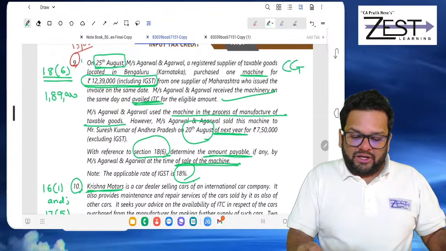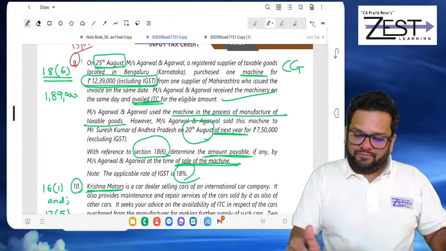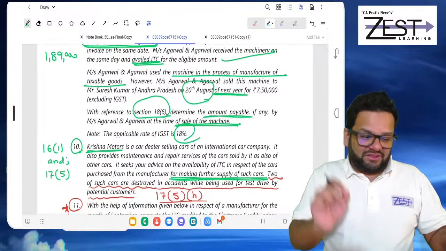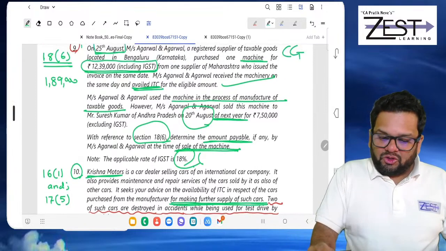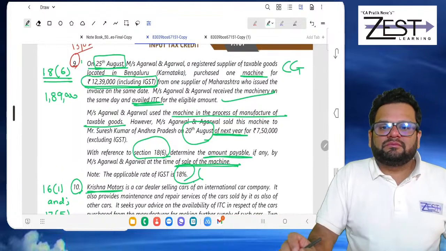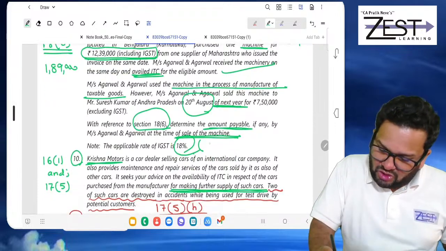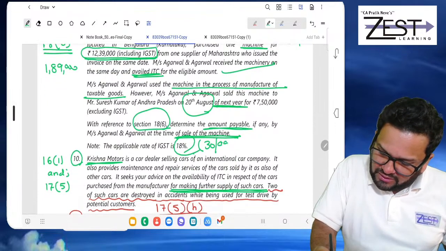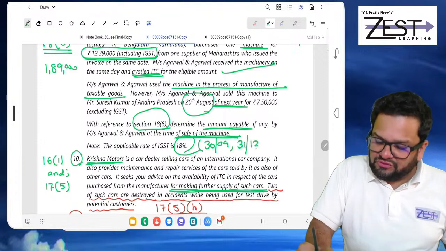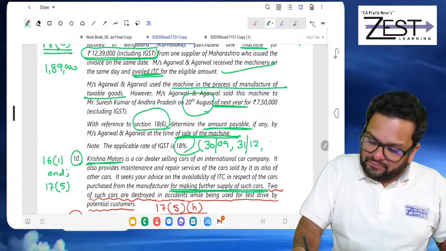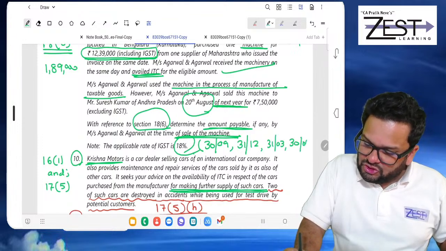Friends, 20 August of next year means how many quarters? So let's calculate quarters systematically. Check. On 25th August you bought it. So the immediately ending quarter is that of 30 September. After 30 September, 31st December, then 31st March, then 30th June.